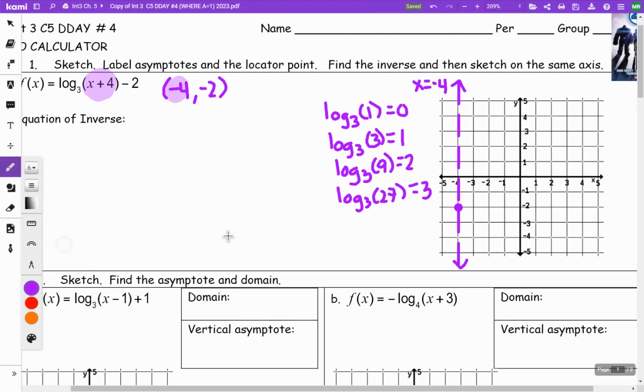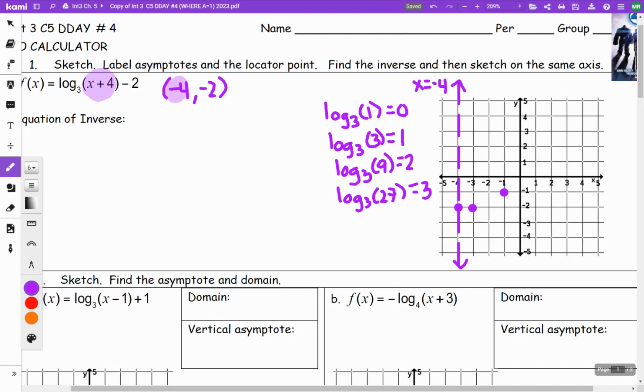So that's what I'm going to be thinking about when I'm graphing. I'm going to come over here to my locator point. This is where I'm going to start, at this height of -2. So I come out 1. Log base 3 of 1 is 0. I come out 1, 2, 3. Log base 3 of 3 is 1. I go out 9: 1, 2, 3, 4, 5, 6, 7, 8, 9.